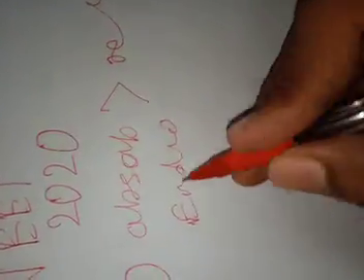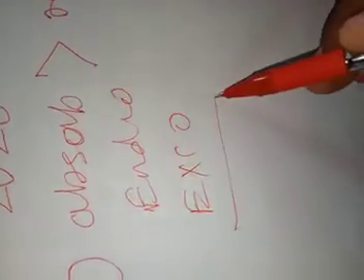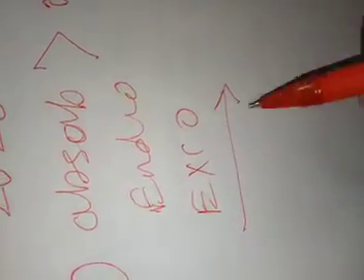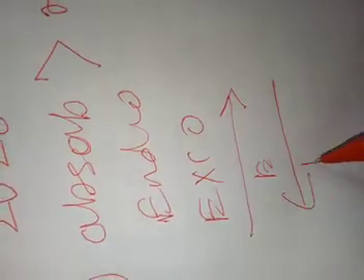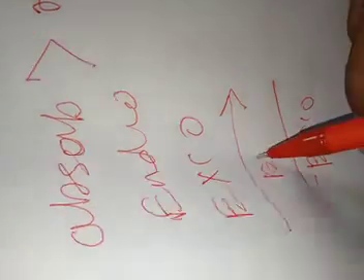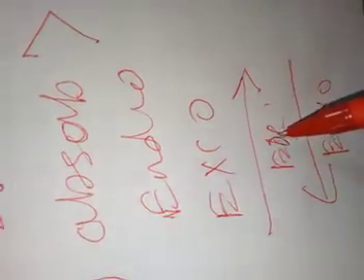And if the reverse is true, then the reaction is exothermic. Suppose from here to here the reaction is endothermic, then from here to here we have exothermic. The opposite is also true.